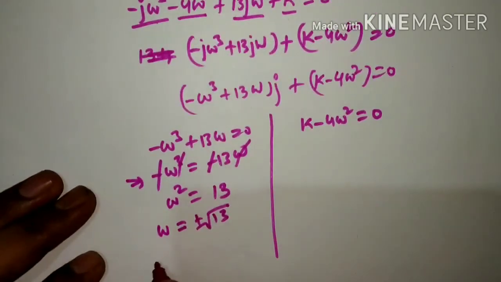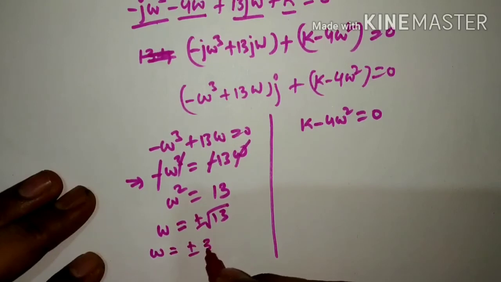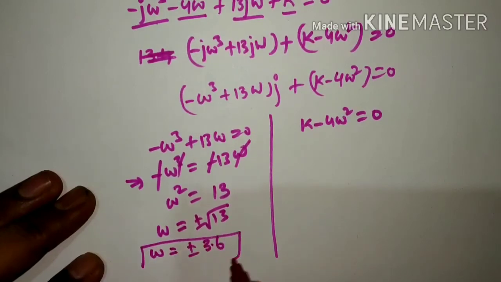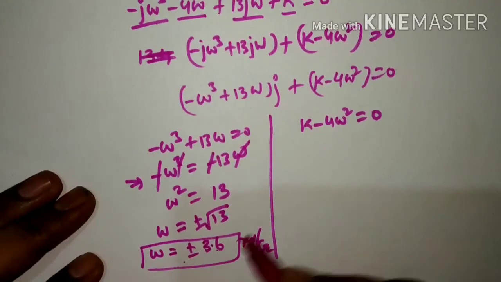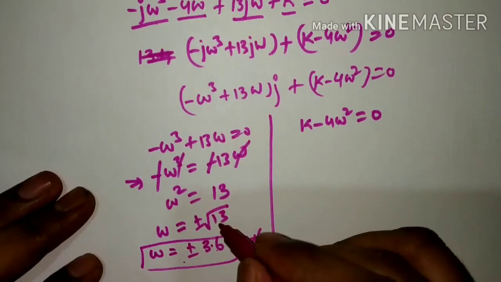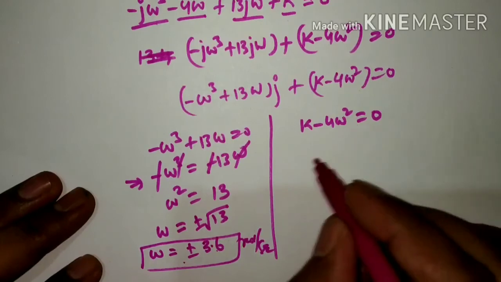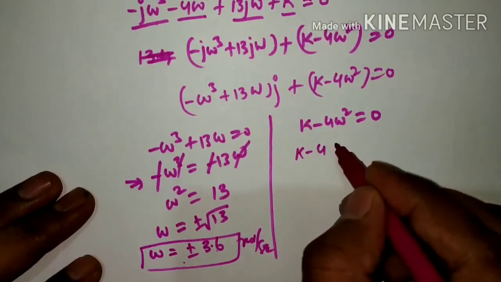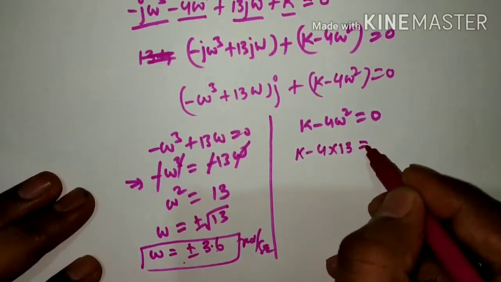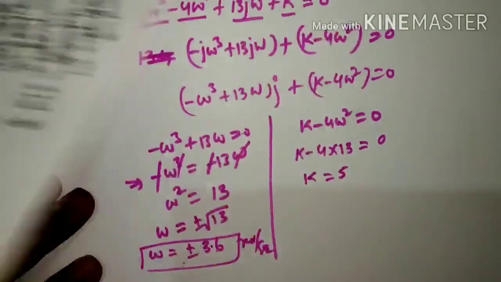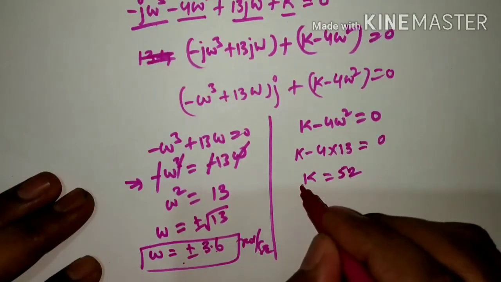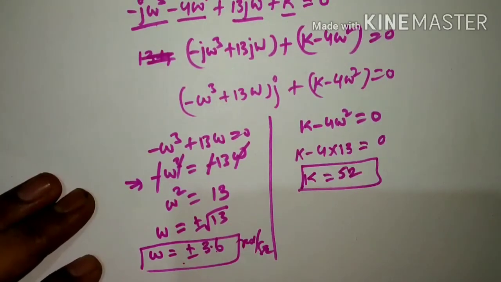So your omega value is plus or minus 3.6 radian per second. Since omega square is equal to 13, k is equal to 4 into 13, so k is equal to 52.